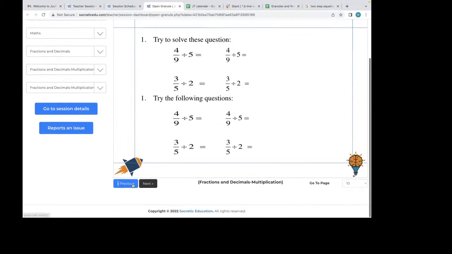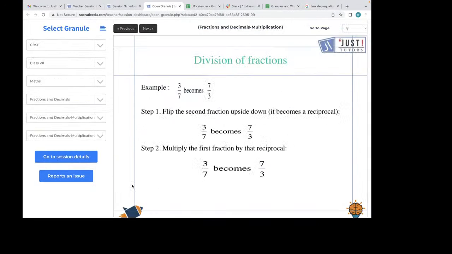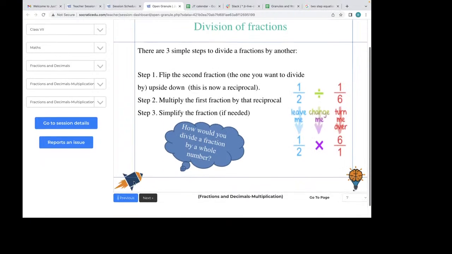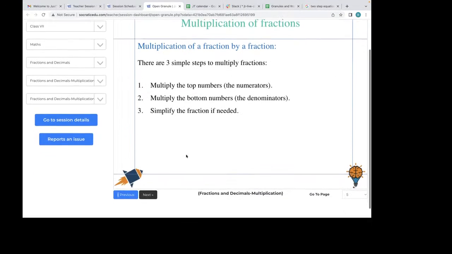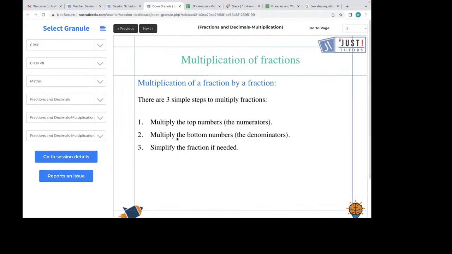Alright, so how do you multiply the fraction by a fraction? So there are 3 simple steps to multiply fraction. Multiply the top numbers, the numerators, multiply the bottom numbers, the denominators, simplify the fraction if needed. So what does it mean?